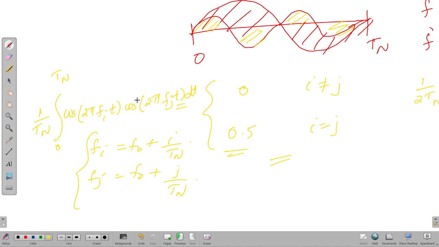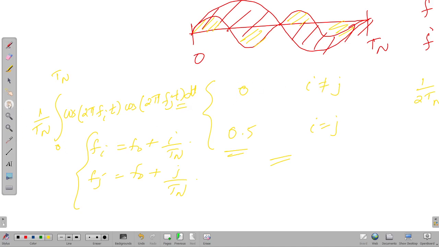But when these subcarriers are different, okay, when they have a separation of some multiple of 1 by Tn, then you will have 0 value. If i is not equal to j, if these frequencies are not equal, then you will have 0 value.